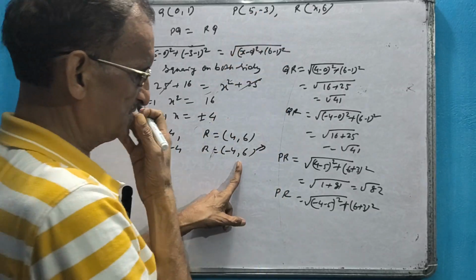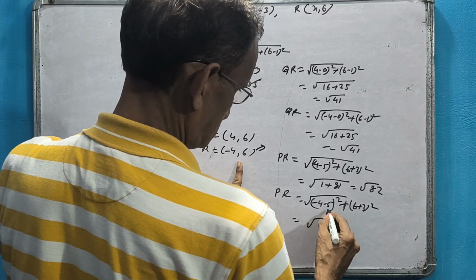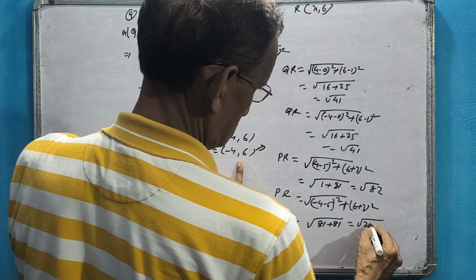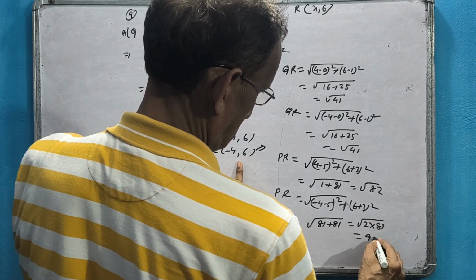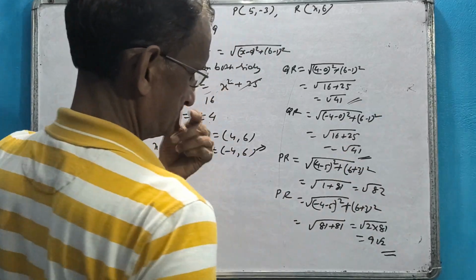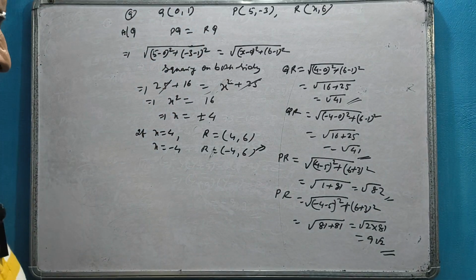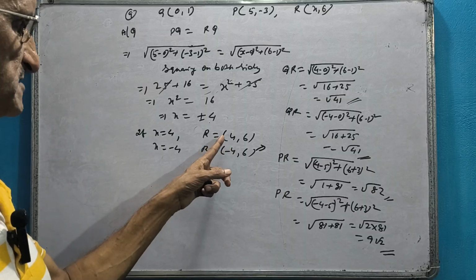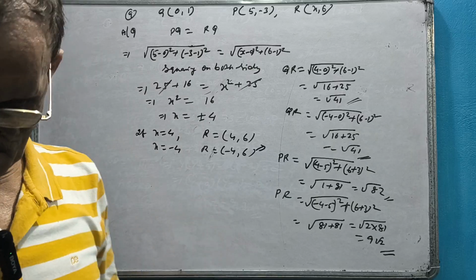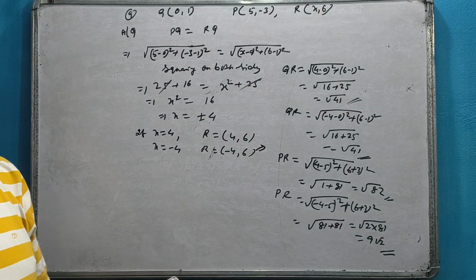How much will we get? 9 square is 81, plus 81, so 2 into 81, so 9 root 2. These are the answers. We will get 4 answers, because we have two different points for the coordinates of R, so QR and PR need to be found. A little bit lengthy sum, but not difficult.